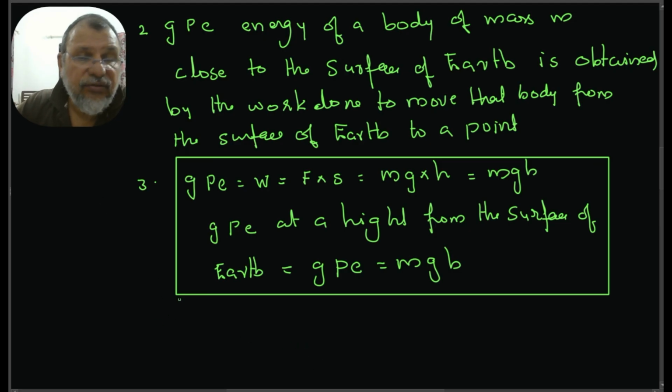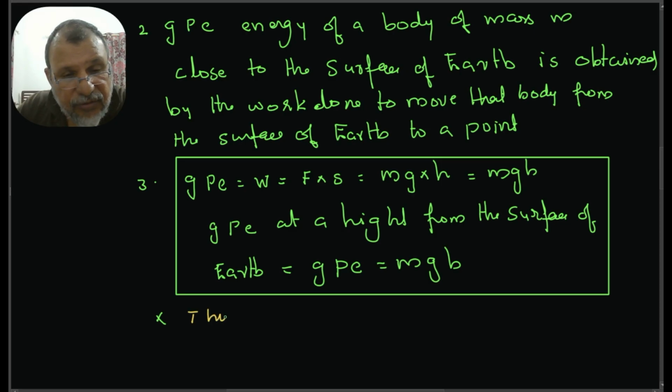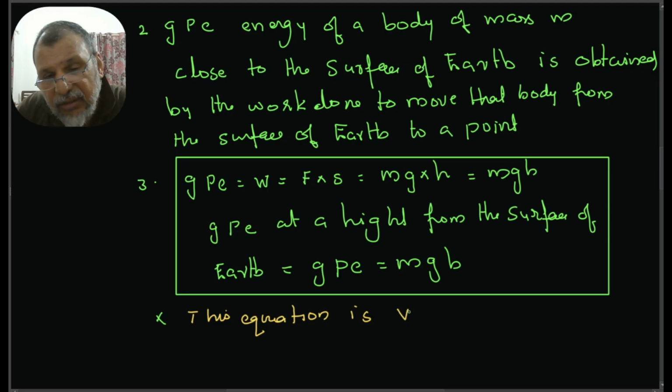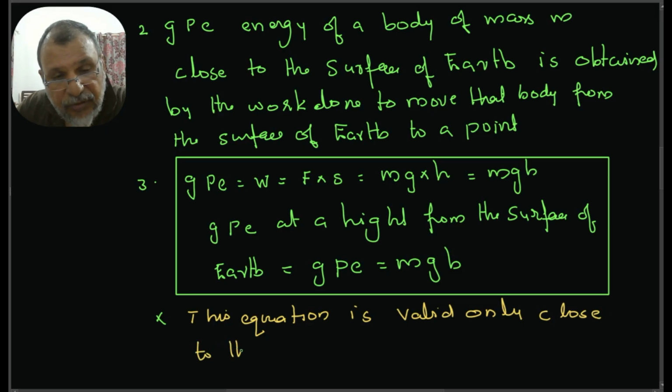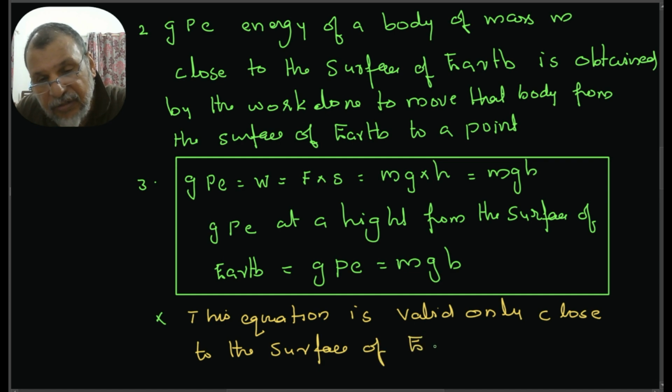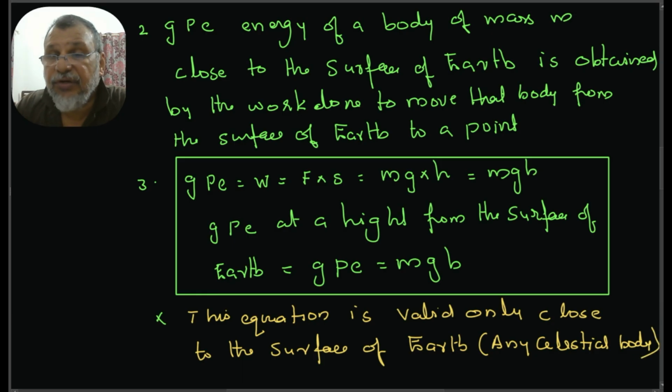So just note that down, in a different color so you will not be confused: this equation or relationship is valid only close to the surface of Earth, or any celestial body. Why? If you can think of the reason, that means you understand this idea.